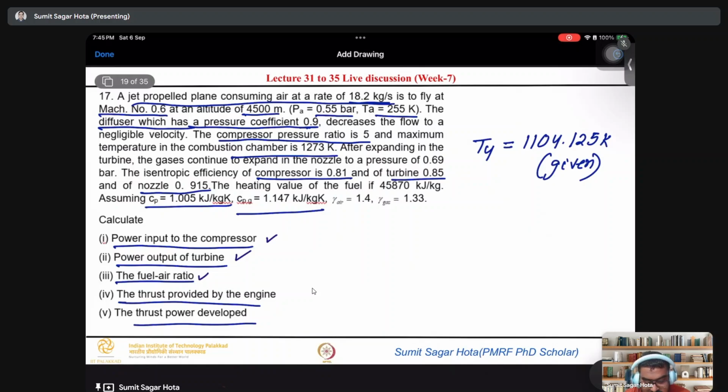For calculating thrust power, we need the exit velocity from the nozzle, the inlet velocity, the nozzle area, the critical pressure and the ambient pressure. The m dot a and the fuel air ratio f we already have.